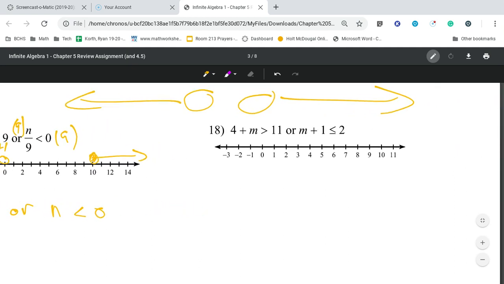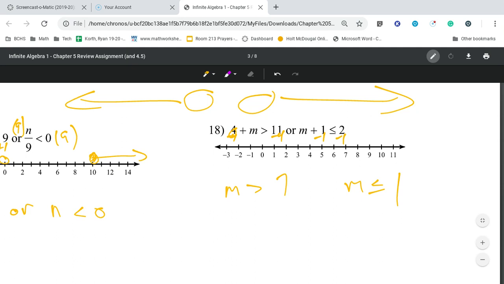Over here, they're both additions. So we're going to undo addition. Make sure we subtract the 4 and the 1, not the 11 or the 2, because we're trying to get m by itself. So if we subtract 4, we get 0, and now m is by itself. As desired, m is greater than 7. We subtract 1 on both sides, m is less than or equal to 1.